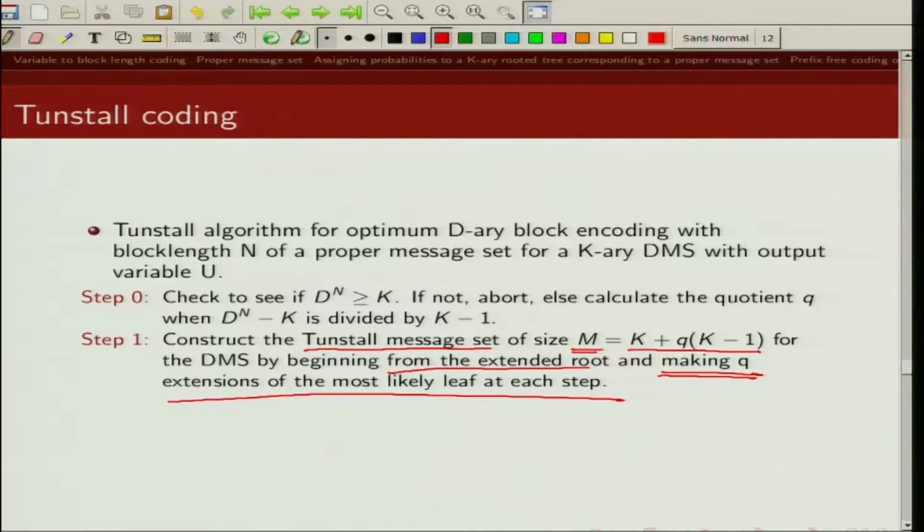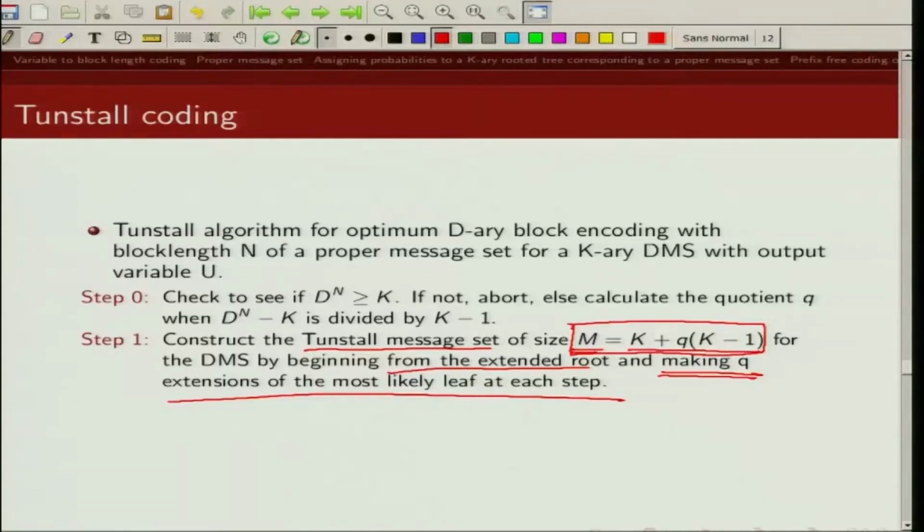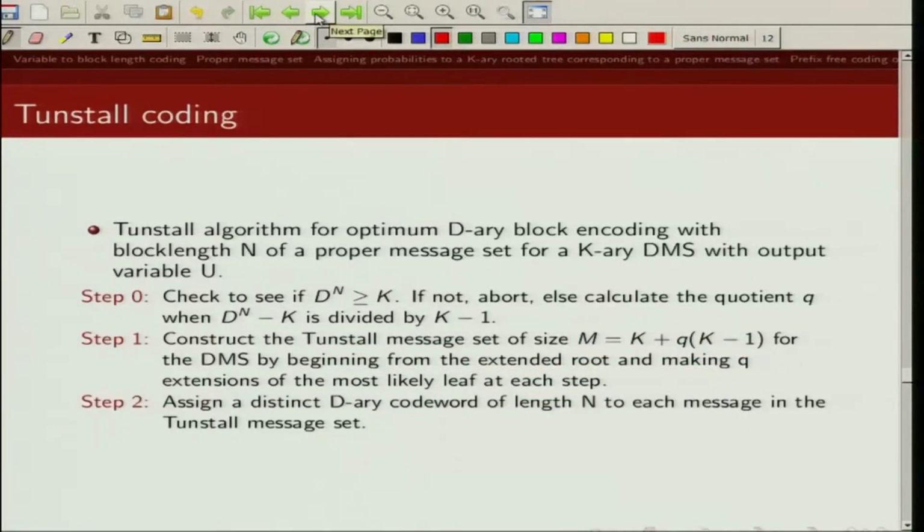Please recall, in case of a Tunstall message set, we extend the most likely leaf, and to get a Tunstall message set of size M, which is given by this, we need to do Q extensions of the extended root. So each time we are going to extend the most likely leaf, and once we have formed these messages, then we are going to assign a distinct code word to each of these messages.